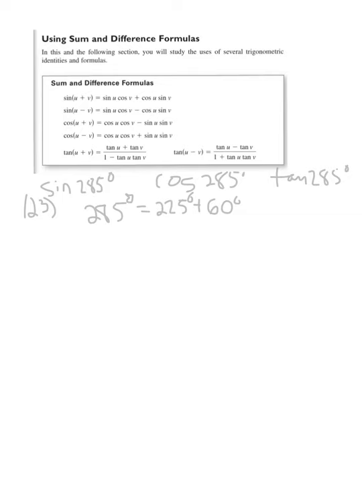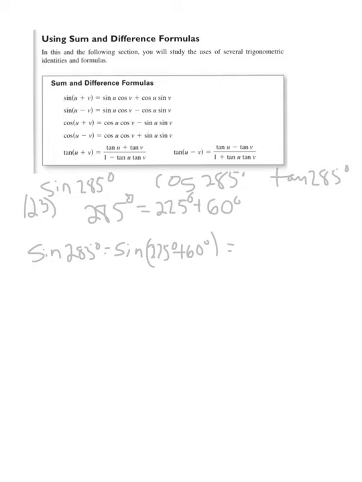So we're in business. I want the sine of 285 degrees. That's equal to the sine of 225 plus 60. So if we plug it into our handy formula, just put an equal sign. I'm kind of running out of room.